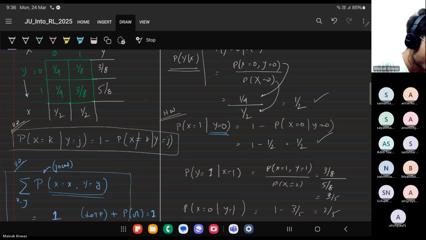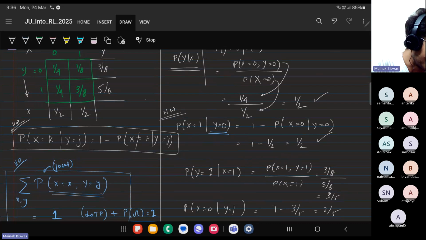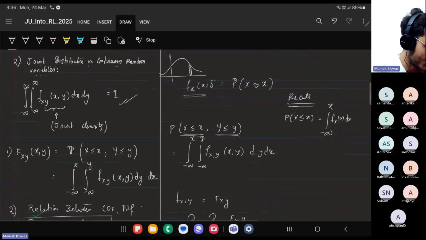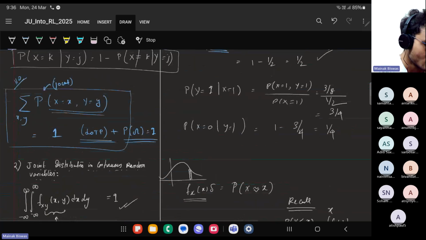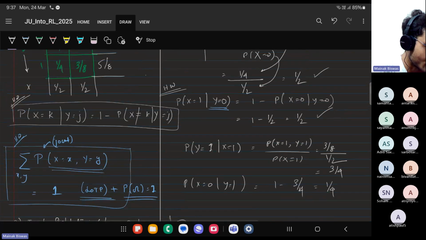So 3/8 by half. That is 3/4. Yes or no? So if there are any calculation errors due to this, please correct them. So x is equal to 0 given y equal to 1 is 1/4 and 3/4 respectively.